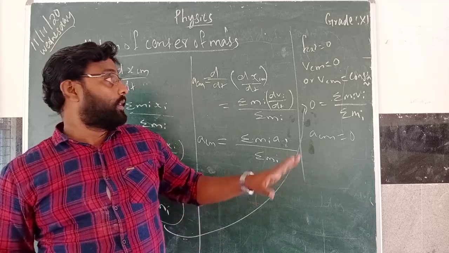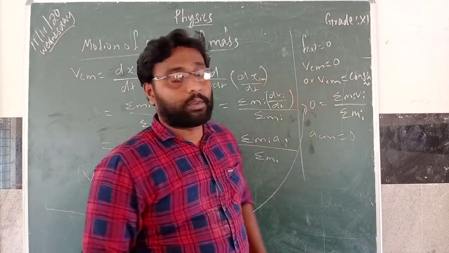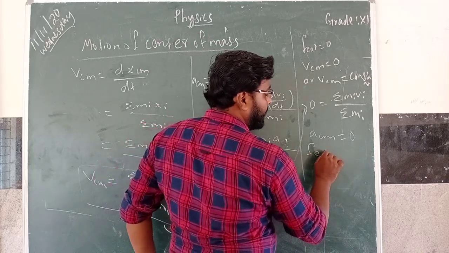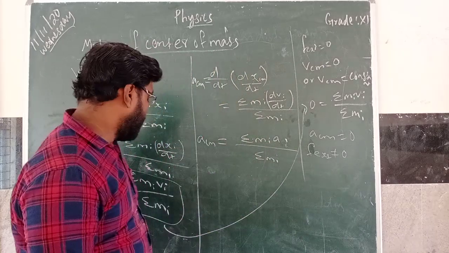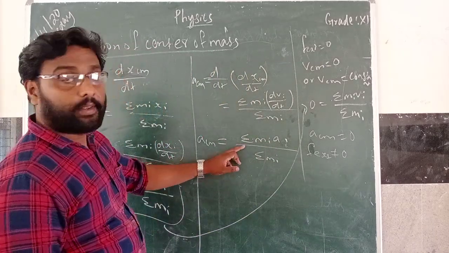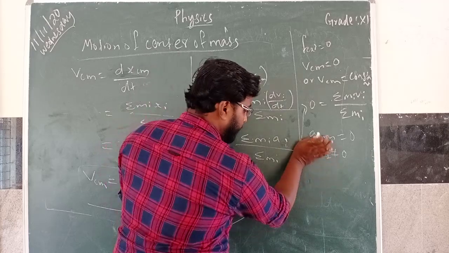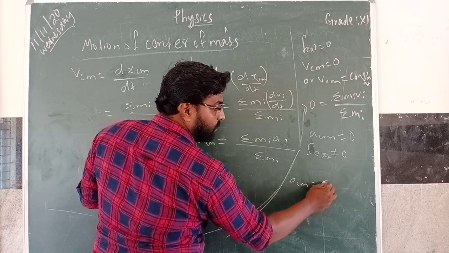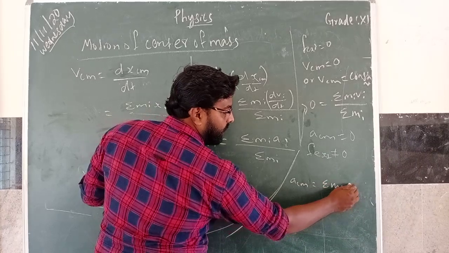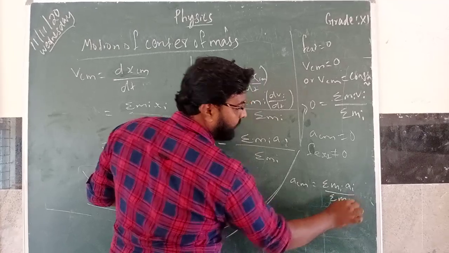Suppose there is an external force, and the external force is not equal to 0. What will happen? Look at this formula: acm equal to sigma mi ai by sigma mi.